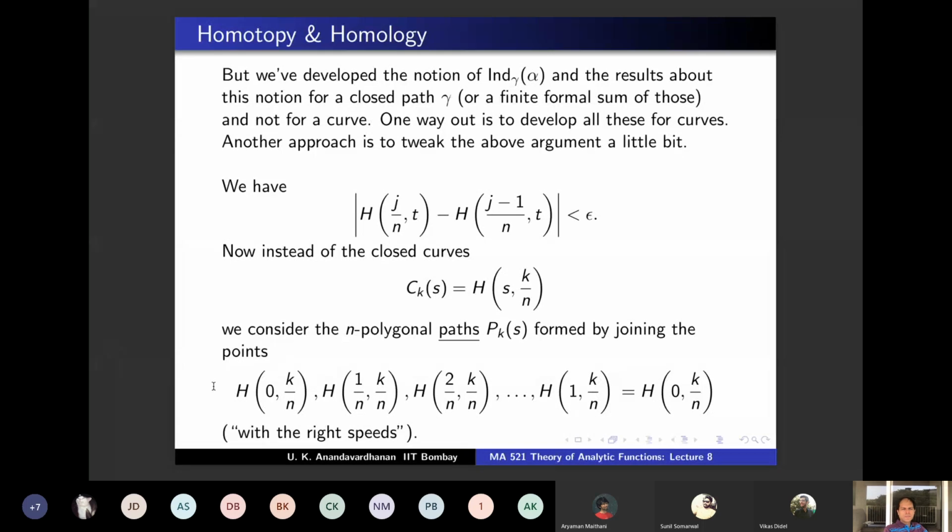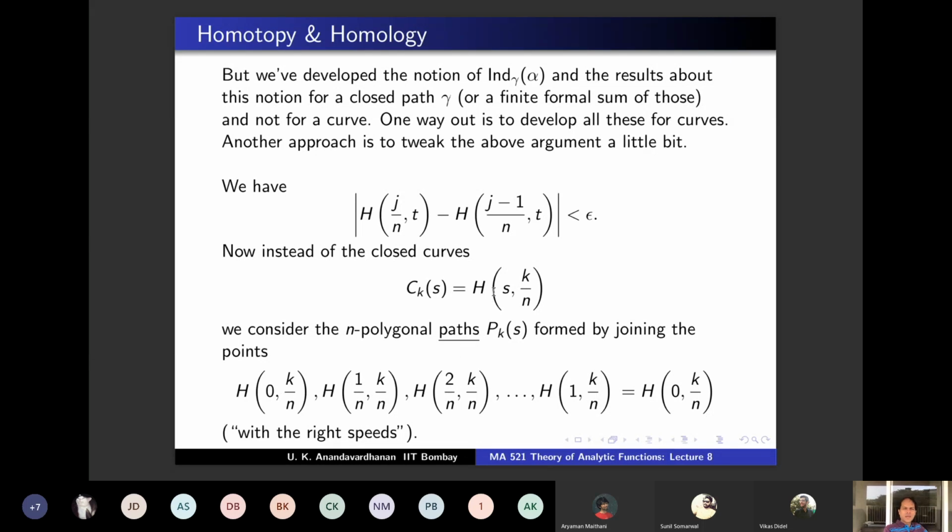Because, take for example here, the line joining here will be this times 1 minus t plus t times this point. And then you have C_k at the corresponding s going from 1 by n to 2 by n.